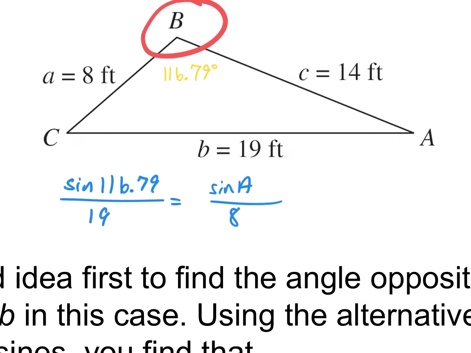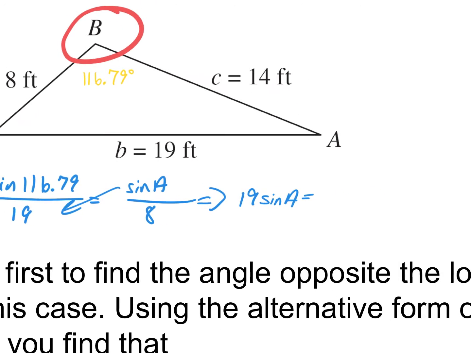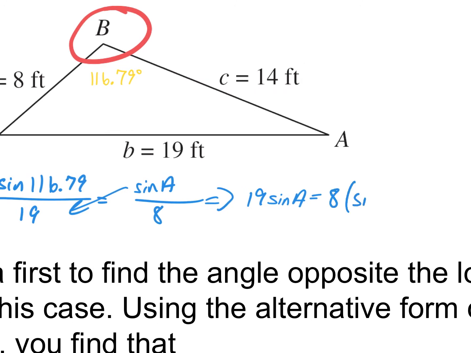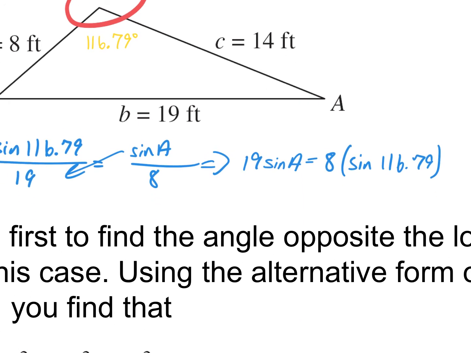Okay, how do I solve a proportion? Cross multiply. So I have 19 times the sine of A equals 8 times the sine of 116.79, right? Now I need to get sine A all by itself, so I do what? Divide by 19.